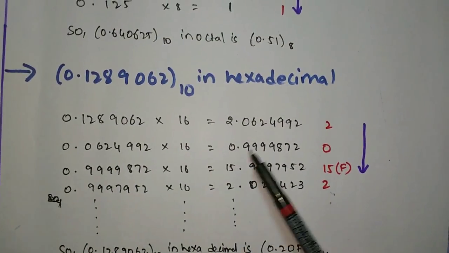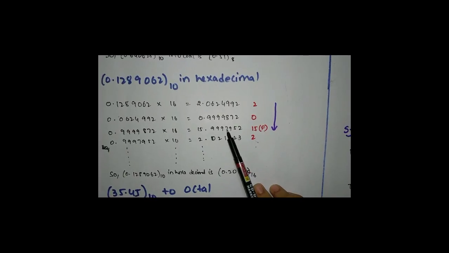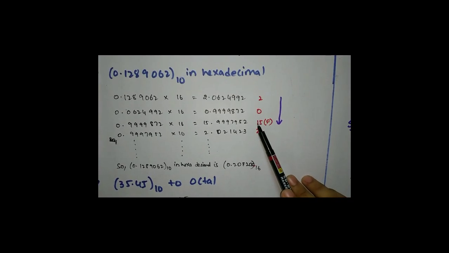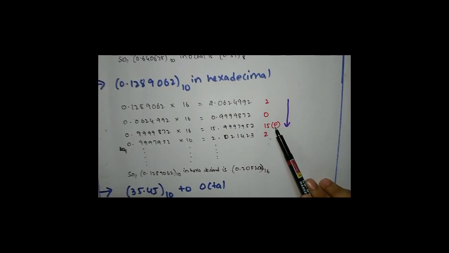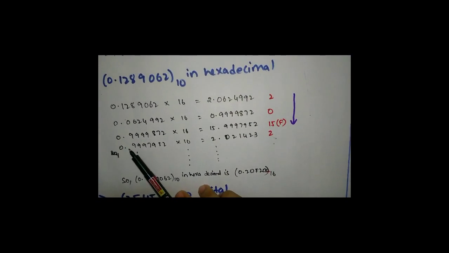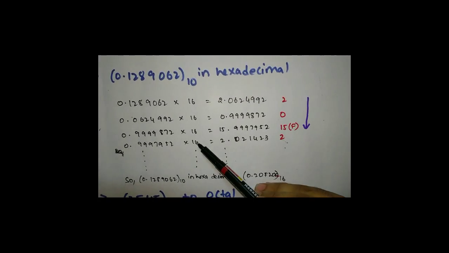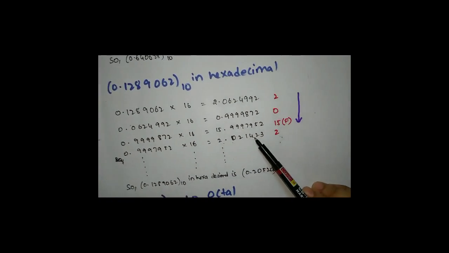Next, 0.9999872 into 16, we get 15.997952, where we take 15 here, and we know 15 means the corresponding is F, we have discussed previously, and 0.997952 into 16, here it is 2.021423.